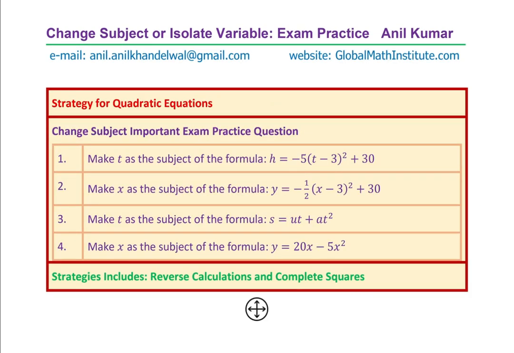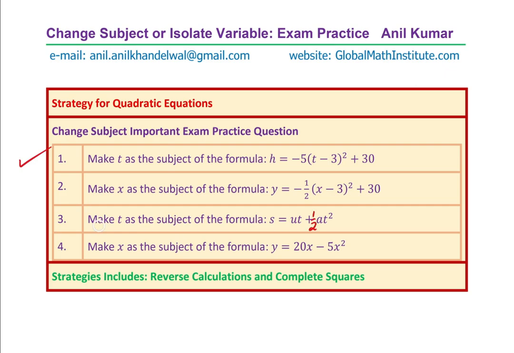So with that, we have shown you how we change the subject when the quadratic equation is given to us in the vertex form. So that helps you to practice a bit using question number 2. And then we actually modified this question.